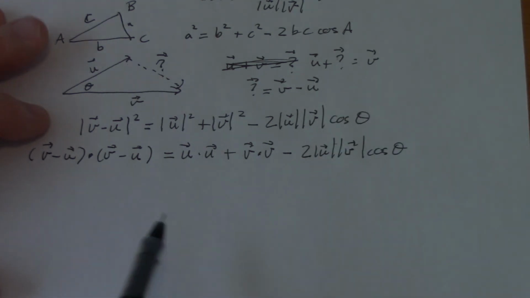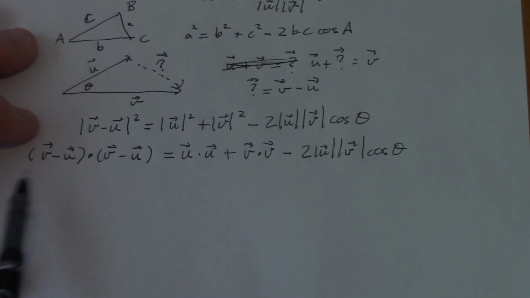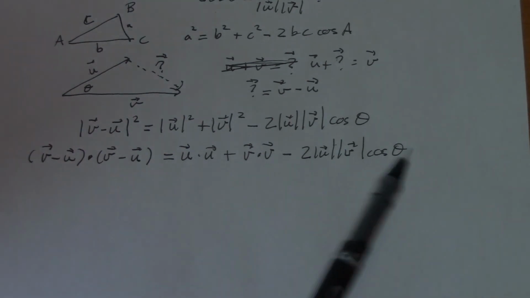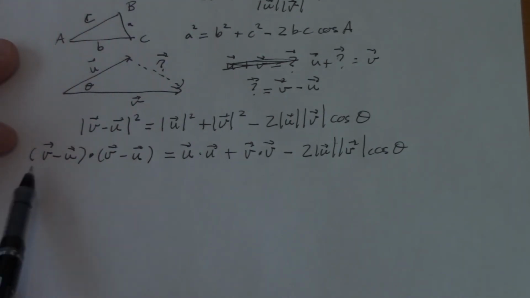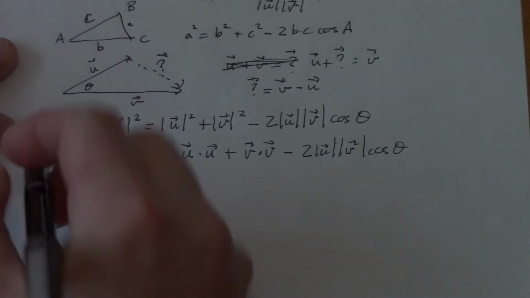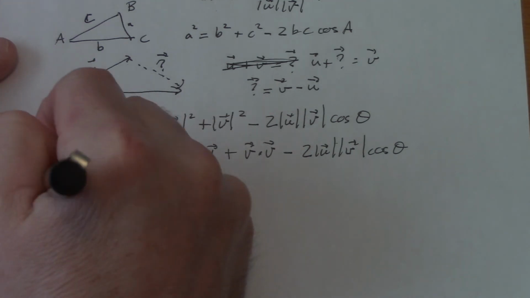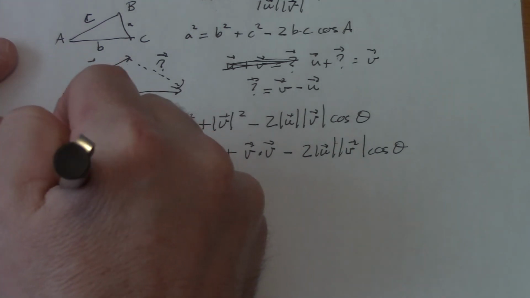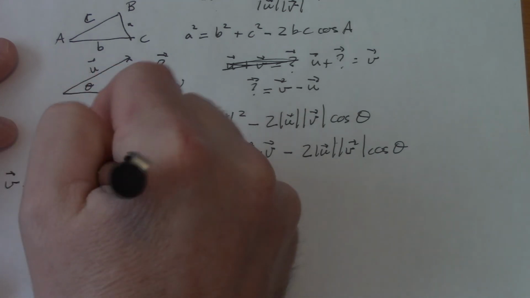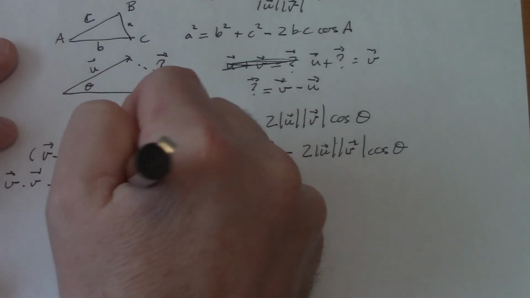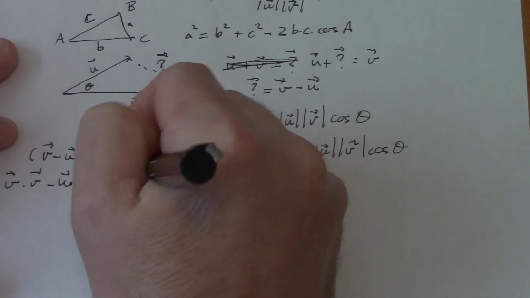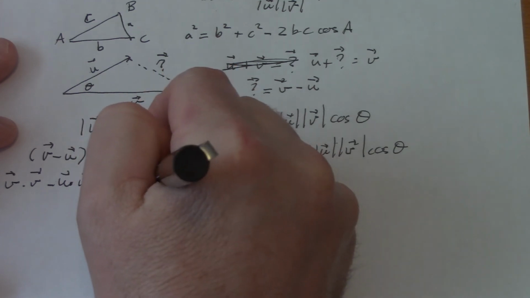This particular theorem, the proof, the way to derive it, it gets ugly before it gets clean. So since we have the distributive property that works, we can FOIL this out. So we're going to get V dot V minus U dot V minus V dot U, I always used to spell FOIL wrong. I spelled it F-I-O-L, but I still got the same answer, so I guess that's all that counts, right?